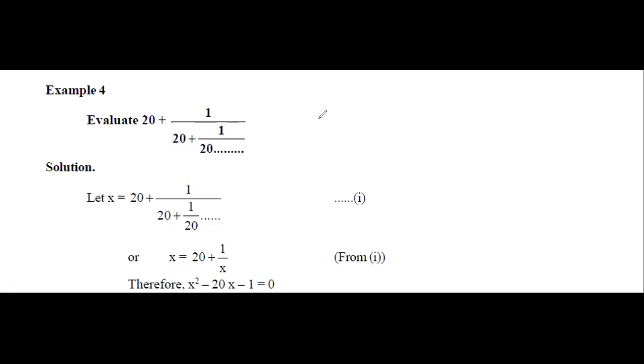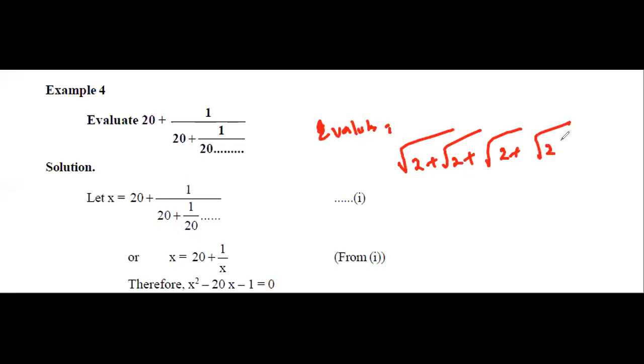ये तो एक जैसा है, और ऐसे भी क्वेश्चंस होते हैं, right? Find the value of, evaluate, ऐसे क्वेश्चंस आएंगे: √2 plus √2 plus √2 plus √2 plus √2 and so on, till infinity, right?